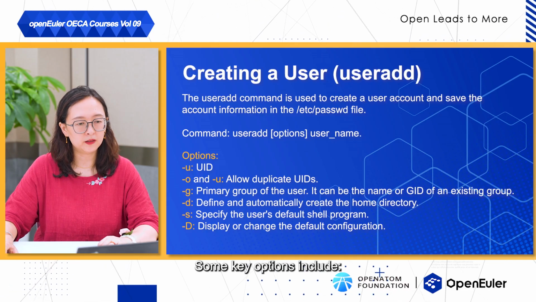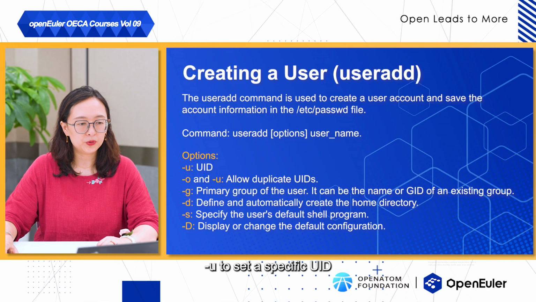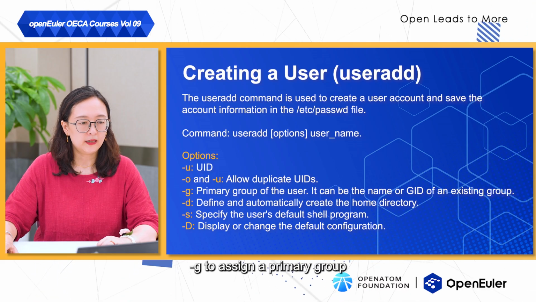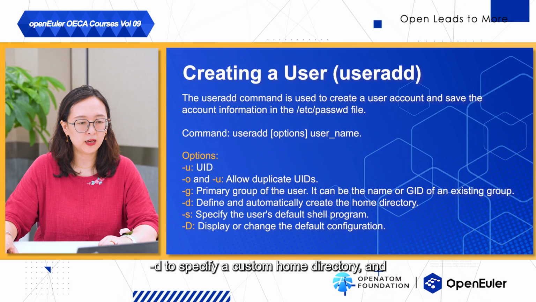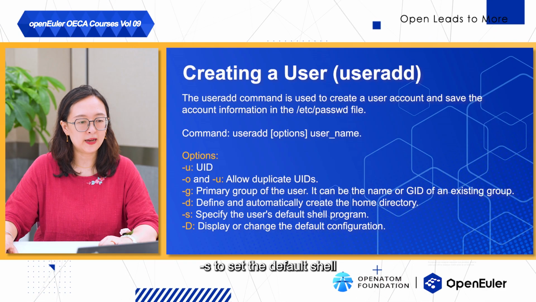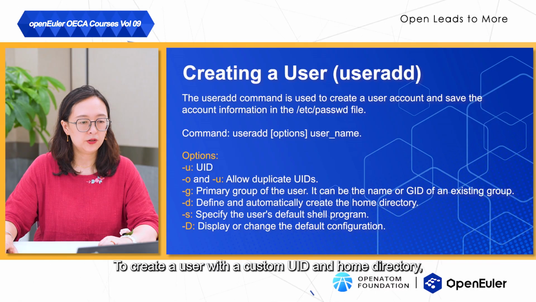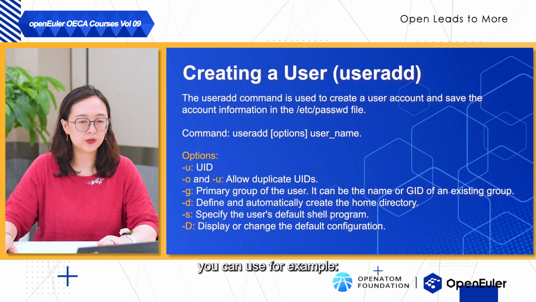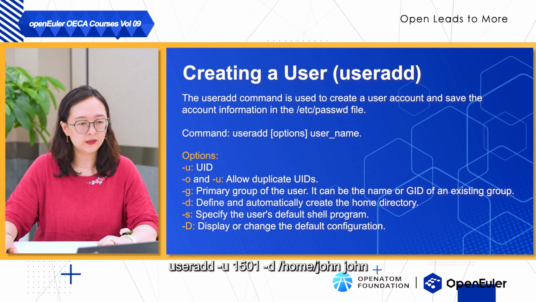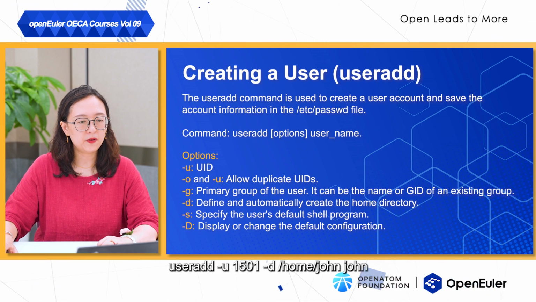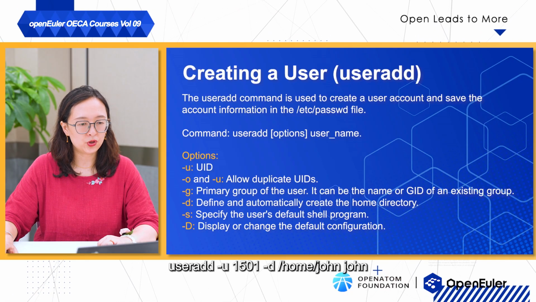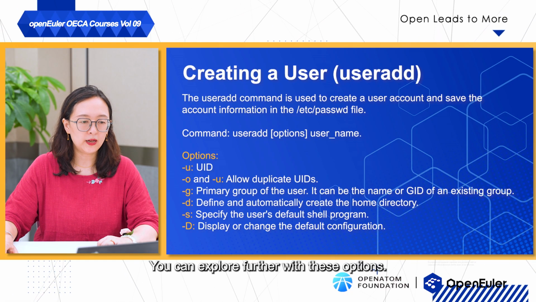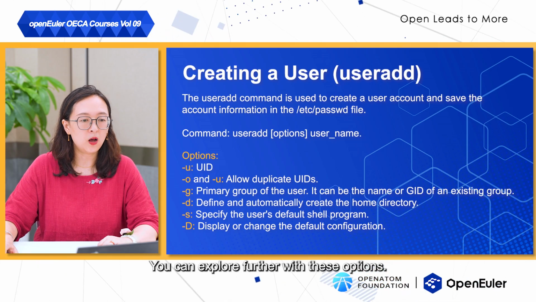Some key options include -u to set a specific UID, -g to assign a primary group, -d to specify a custom home directory, and -s to set the default shell. To create a user with a custom UID and home directory, you can use, for example, useradd -u 1501 -d /home/John John. You can explore further with these options.